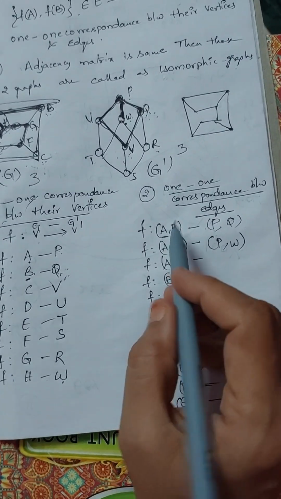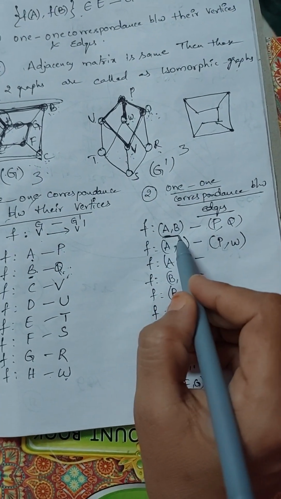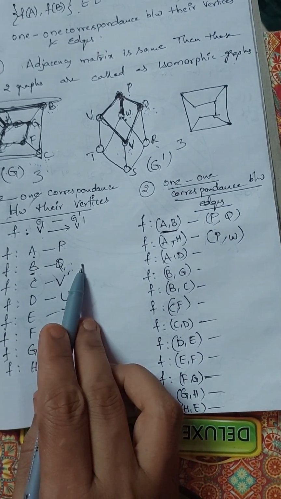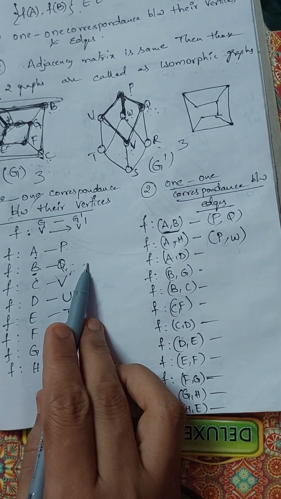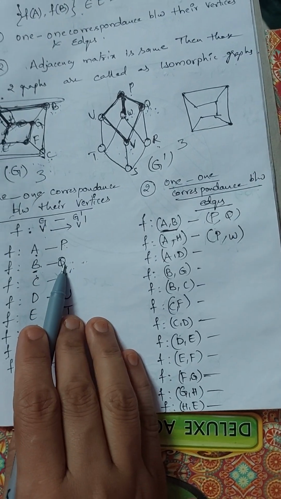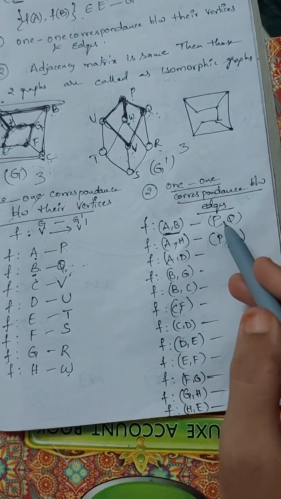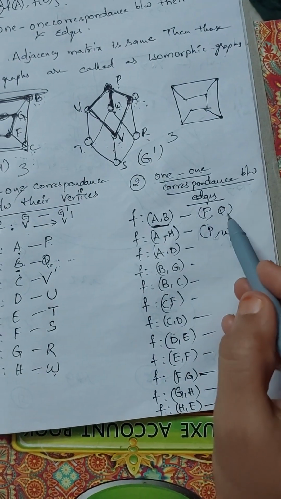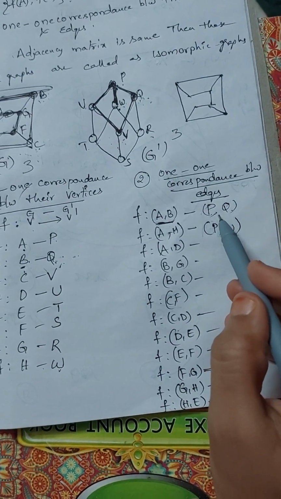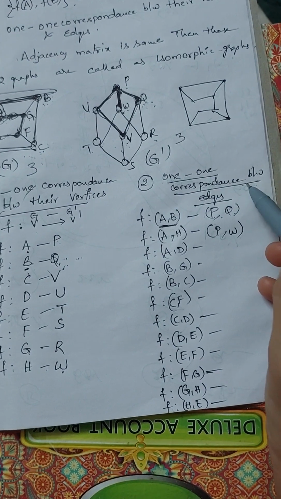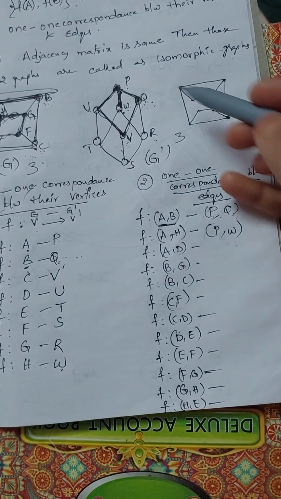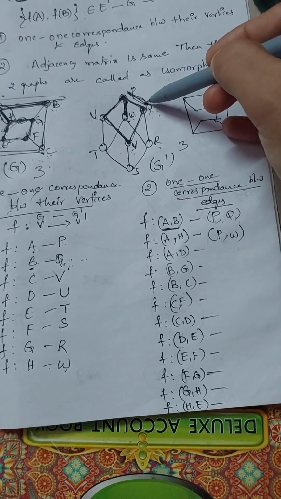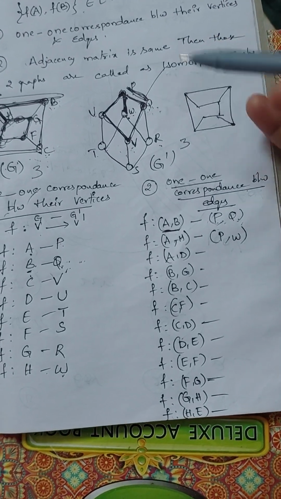Okay now. So once we are providing A comma B in the original graph G, whatever vertices we are mapping in one-to-one correspondence, by using this correspondence we can write the edges also. So likewise P comma Q. Once we write P comma Q, compulsorily there has to be an edge present between P to Q. That is present, right?